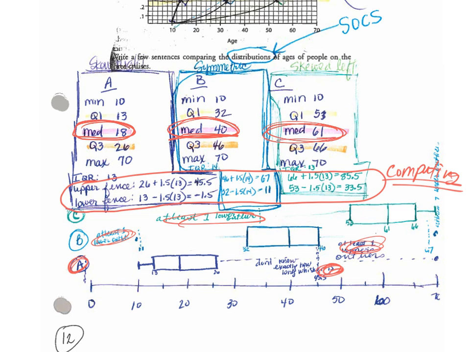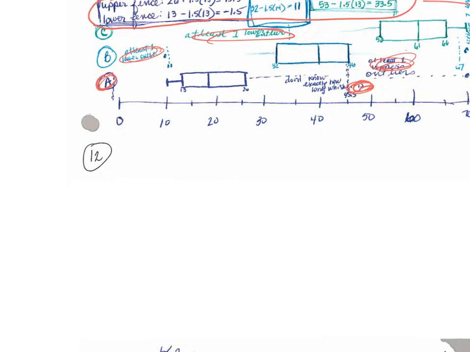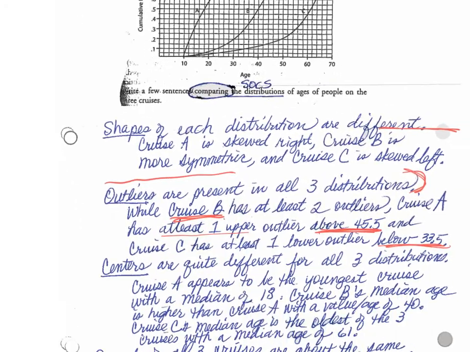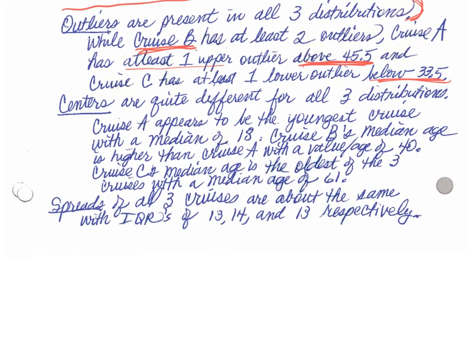But how about, why would you have a median of 61? Yeah, I agree. It either caters specifically to the retired community, or it's happening right now when younger people are working and in school. So the people that have time to go on that cruise are the retired ones, right? So that's what I wrote about this: these centers are quite different for all three distributions.